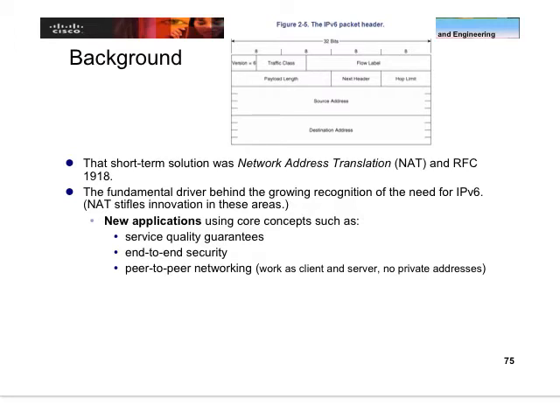issues. One of them is, of course, the quality of service. So quality of service was not actually supported in IP with enough granularity, and the reason is because IP is by default connectionless and it does not maintain any context about the flow end-to-end.